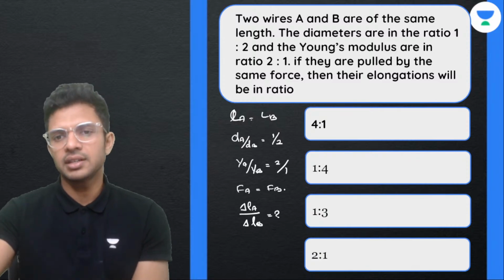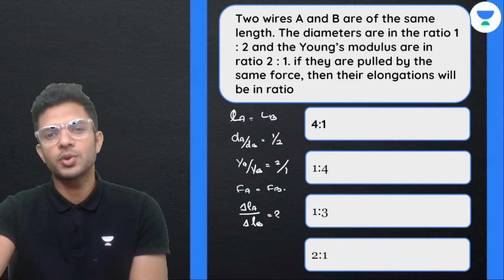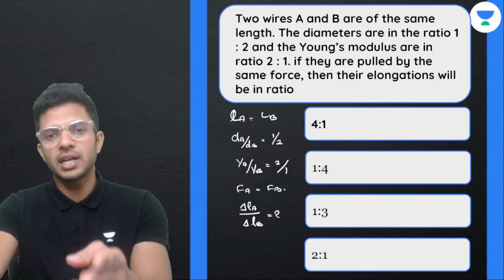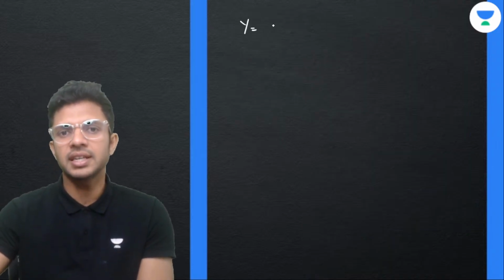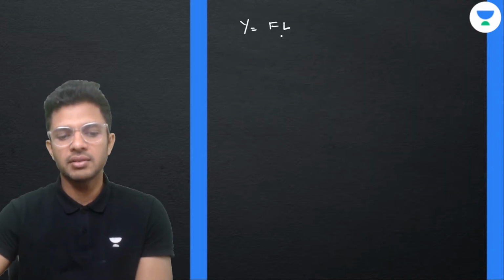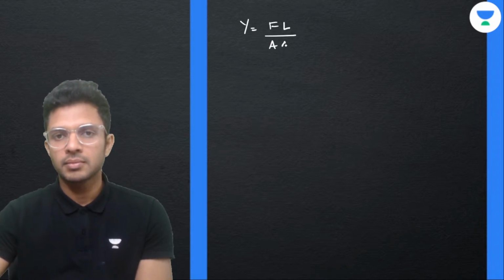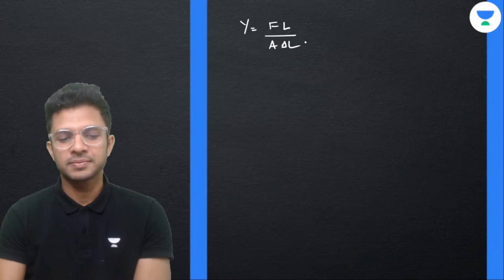Okay, and we all know the simple formula for finding delta L in terms of the above values given: force, Young's modulus, diameter and length. क्या है? Starting with the basics, Young's modulus FL divided by A delta L, right?